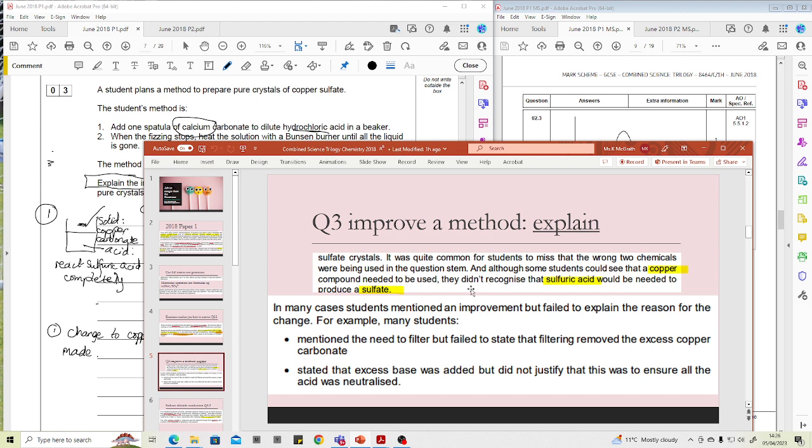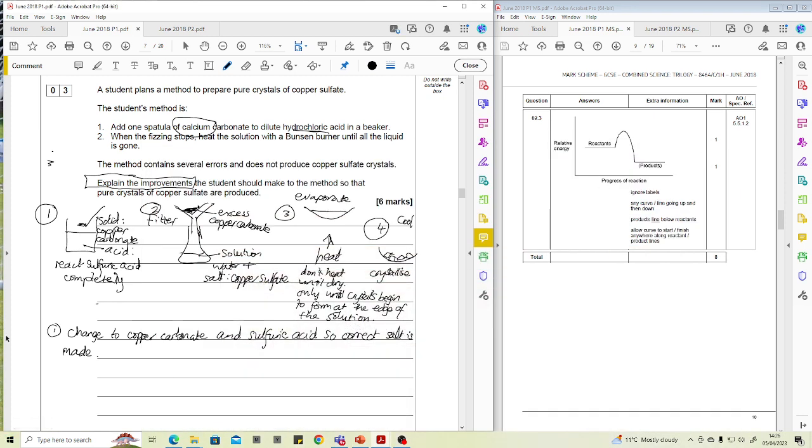They just carried on improving the method, and that limited people to level 2. So many students mentioned an improvement but failed to explain the reason for the change. For example, many students mentioned the need to filter but failed to state that filtering removed excess copper carbonate. So we're going to do that. And excess base was added but didn't justify to say that all of the acid was reacted.